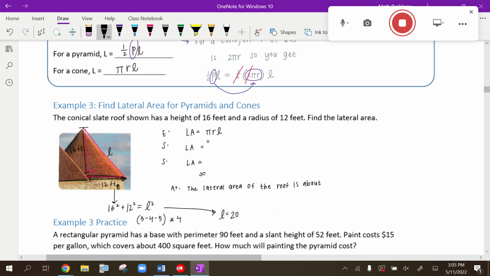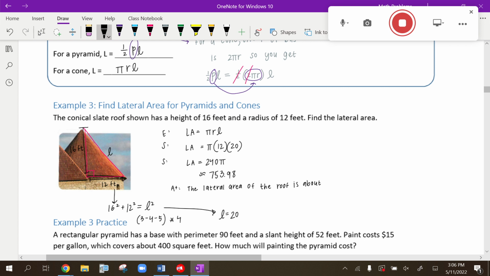Now let's go to our formula. We know the formula is pi r L. So I know the radius it gave me was 12, and the slant height I find is 20. I can find the exact answer by multiplying 12 by 20 to get 240 and writing pi on the end. Or I can find an approximate answer by multiplying pi in my calculator to get 753.98.